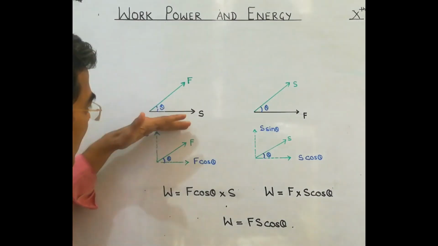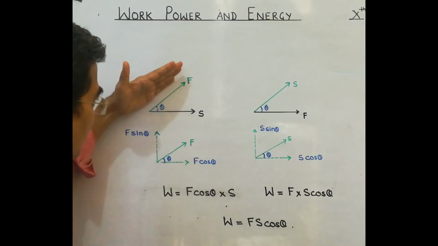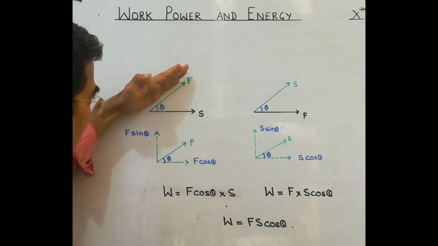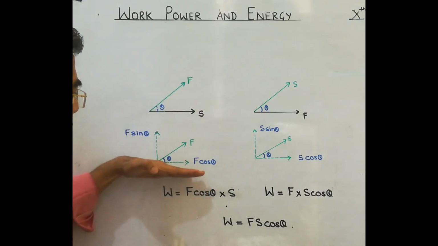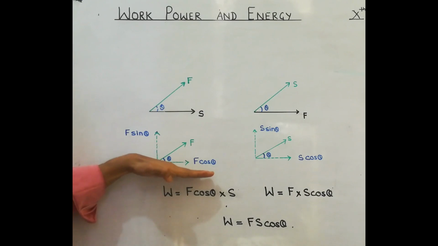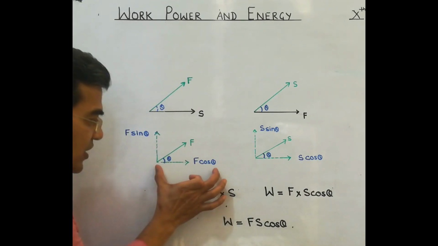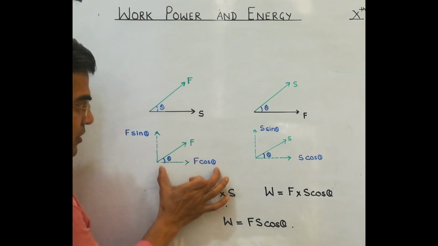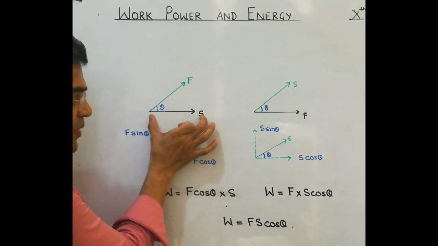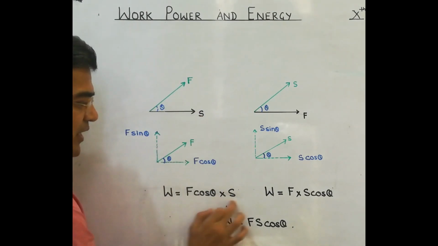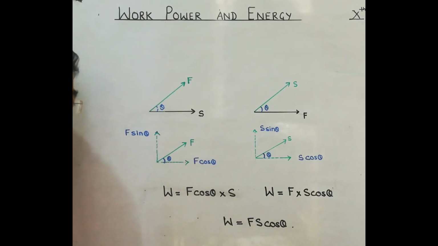Now, as these two are not in the same direction, we will break the force into its two components. Horizontal one, F cos theta, vertical, F sin theta. Now this component of force in the direction of displacement and displacement will be multiplied and you will get work done.